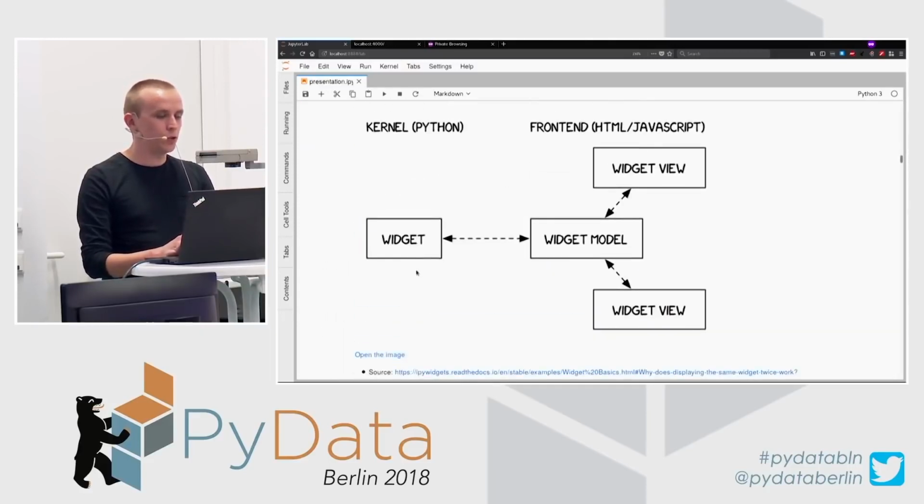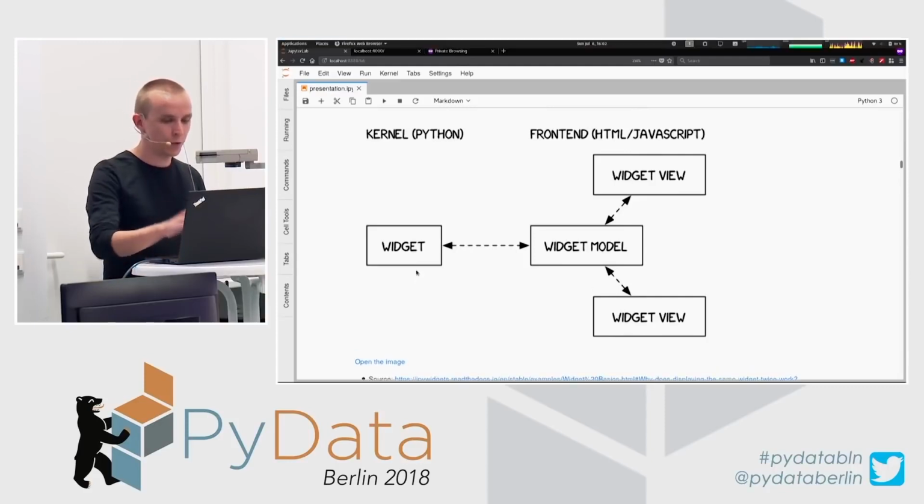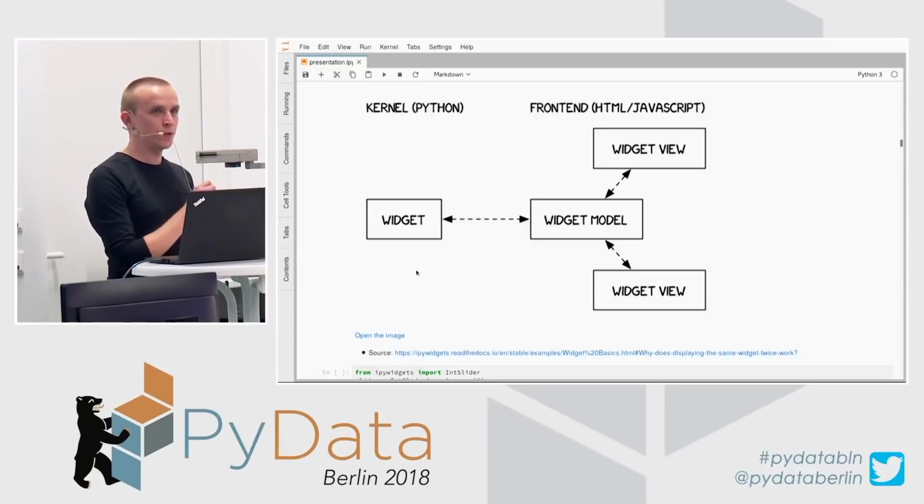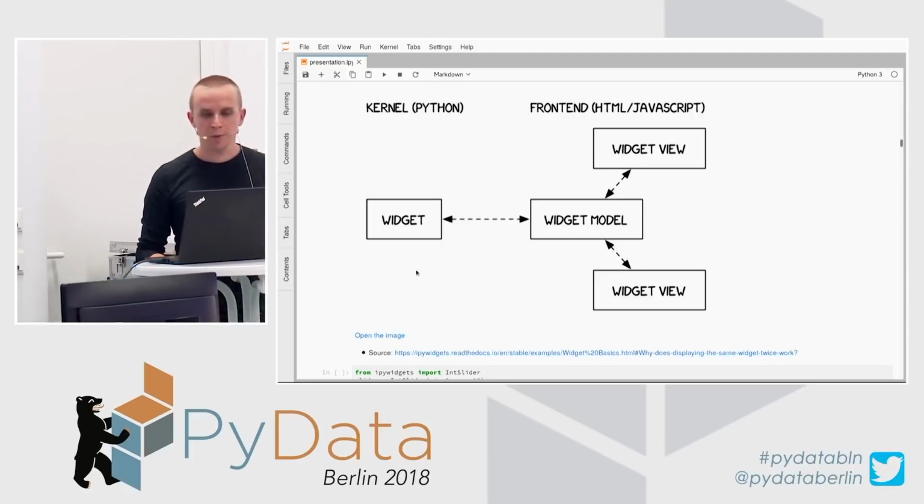All right. Finally, Jupyter widgets is a framework for building interactive visualizations in a browser. So it's even more than that. Actually, it's just a framework to make it easy to sync data between the kernel and the front end. When you use a Jupyter notebook, you have a backend, which is a kernel. It can be in Python, it can be in another language, but in our case, it will be in Python.